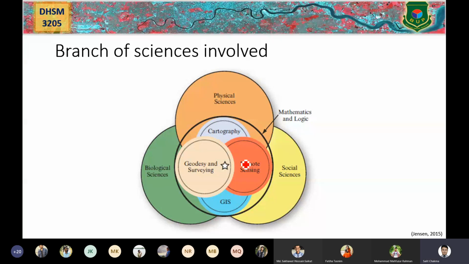So we have seen that GIS is a multidimensional subject, and just like GIS, remote sensing is also a multidimensional field of study or branch of science. It mostly involves the technology, the ideas and the techniques involved in remote sensing.